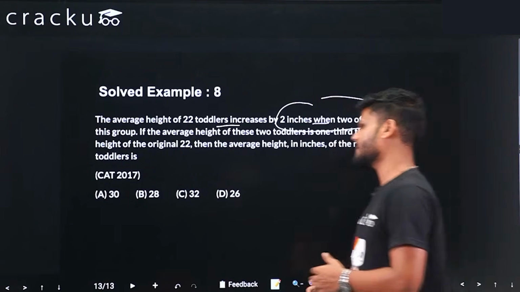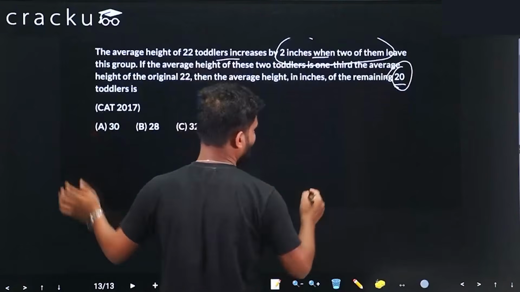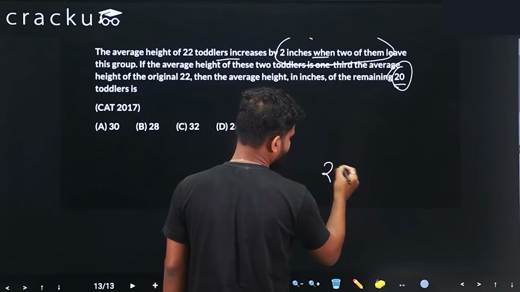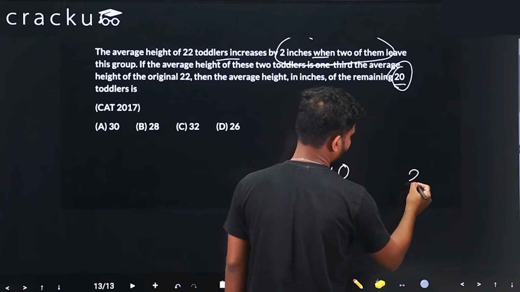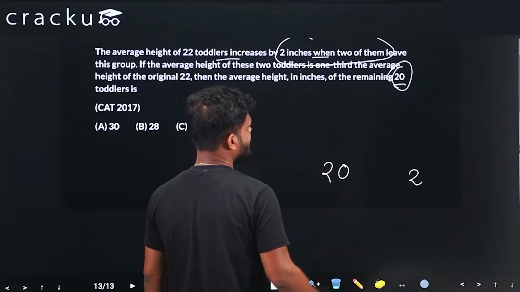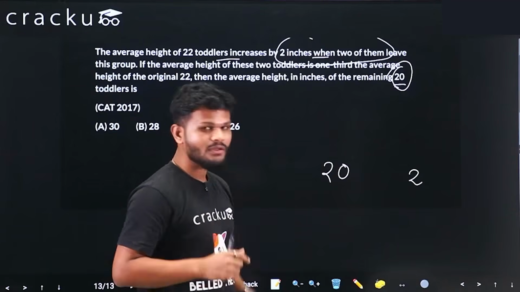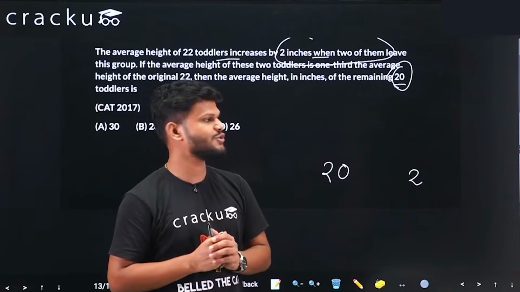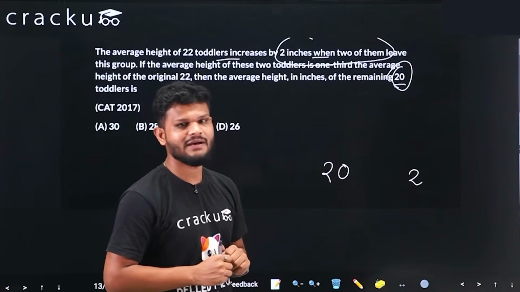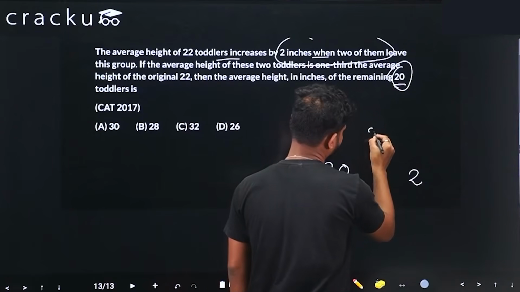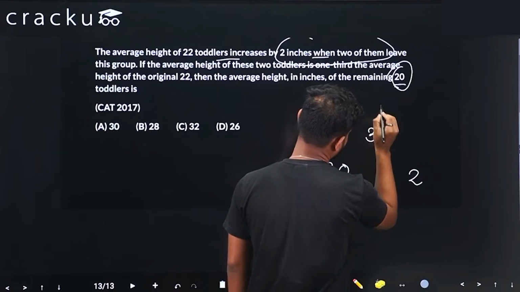So let us say I have 20 toddlers here and I have 2 toddlers here. Combining them, I have 22 toddlers, and let us assume the 22 toddlers have average height x.